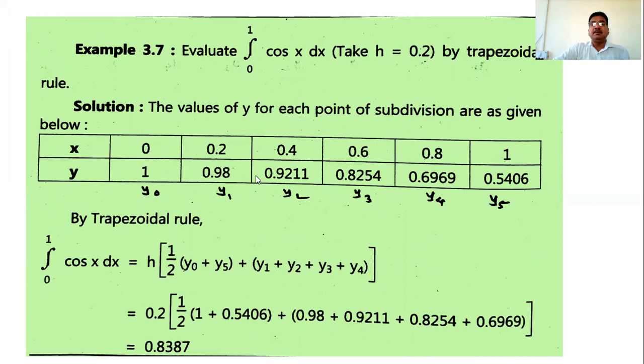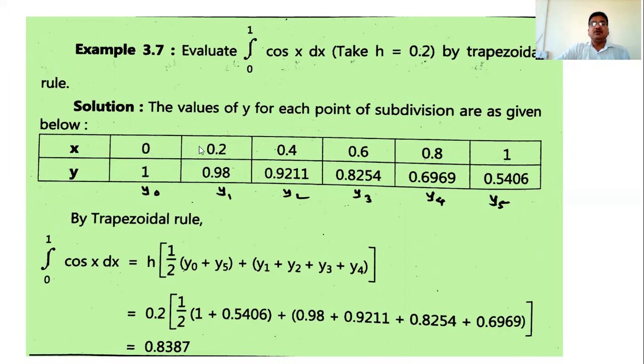Directly prepare the table, and then find the value of y or f(x) corresponding to these values of x. And what is y or f(x)? Here write first that y or f(x) is equal to cos x. So first, cos 0 is 1.